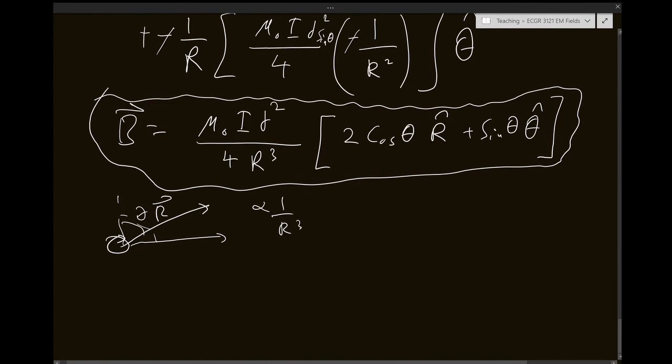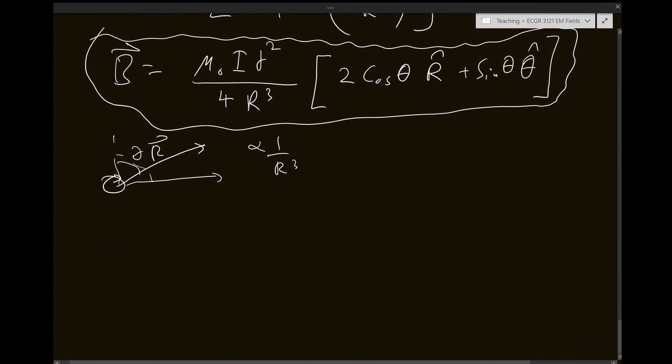Let's compare that with the result that we got for electrical dipoles. For electrical dipoles, we got E equals P, where P is the magnitude of the dipole moment. So remember, P, the dipole moment, was QD, where D is a vector, the distance between the two charges, right?